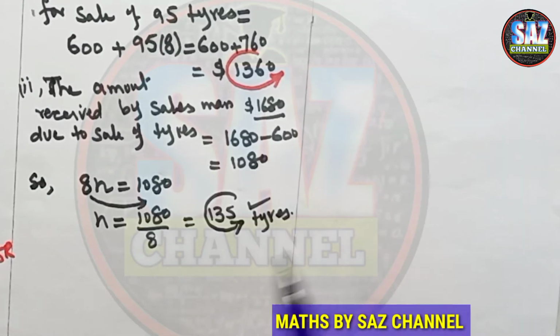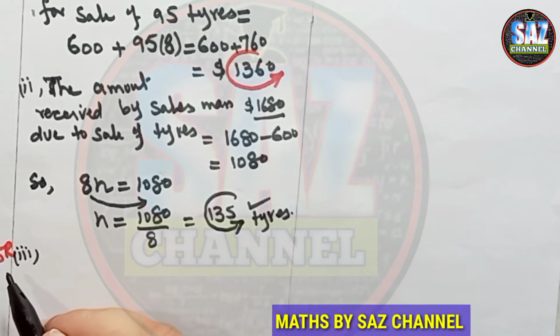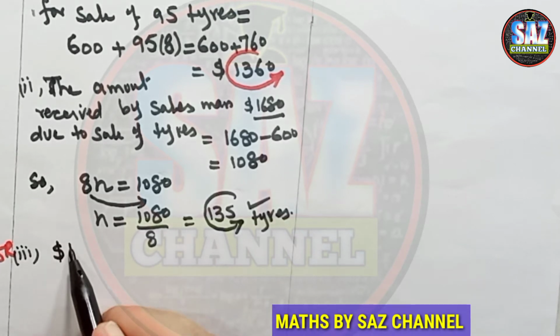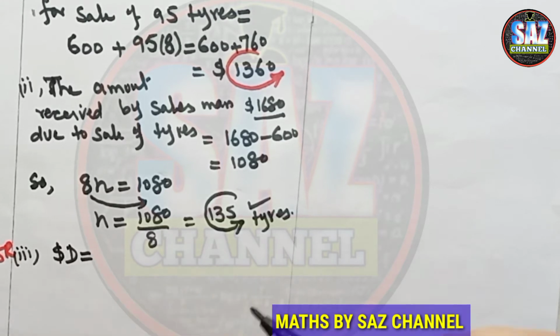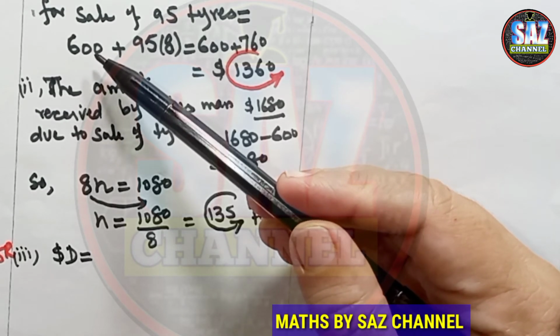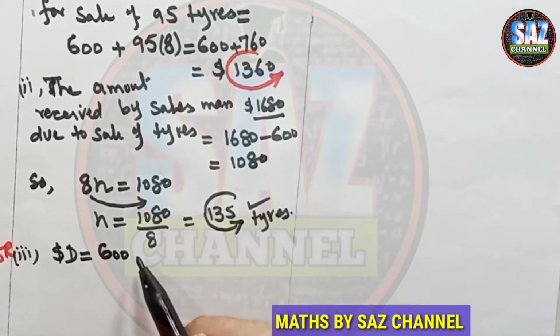Okay, now the next part of the question says that we have to write the formula. Write down the formula connecting D and N, where N is the number of tires the salesman sells in that particular month. So the formula for D, the total income: D equals, now think about the previous working, the fixed amount plus the variable amount.